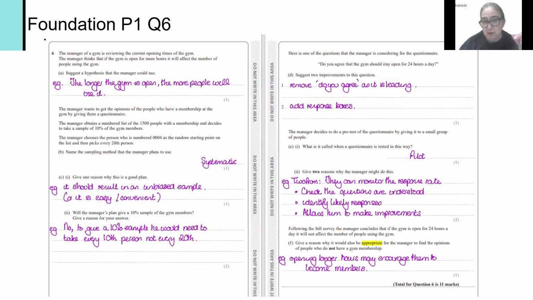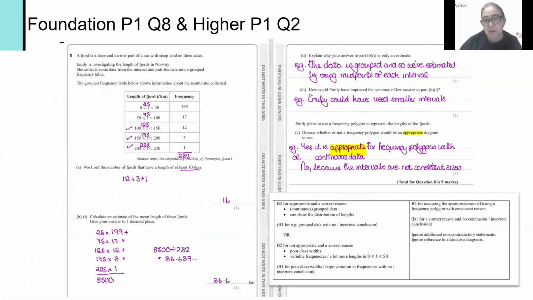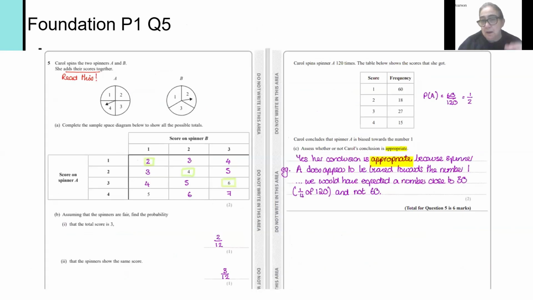On the previous question, Carol's conclusion is not appropriate, or Carol's conclusion is appropriate, give a reason why. So you are saying that it's appropriate.